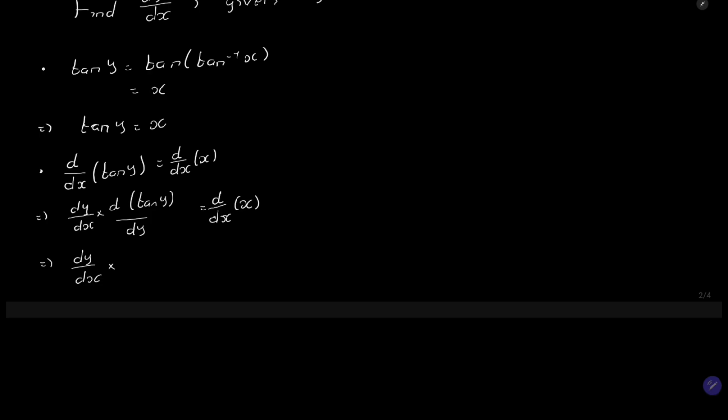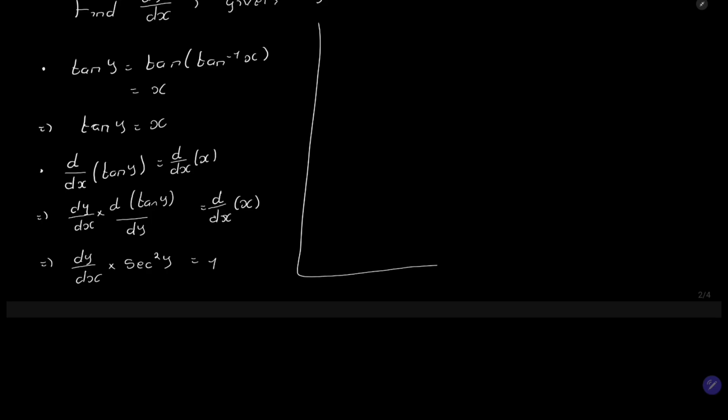Recalling from the video on the derivative of trigonometric functions, it was well stated and proven that the derivative of tan x gives us the function sec squared x. So in our case, the derivative of tan y with respect to y gives us sec squared y, and the derivative with respect to x of x gives us 1.